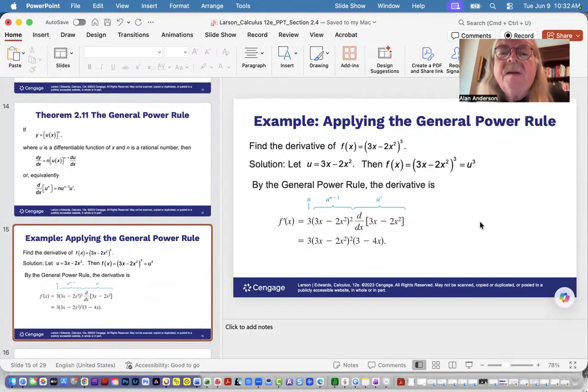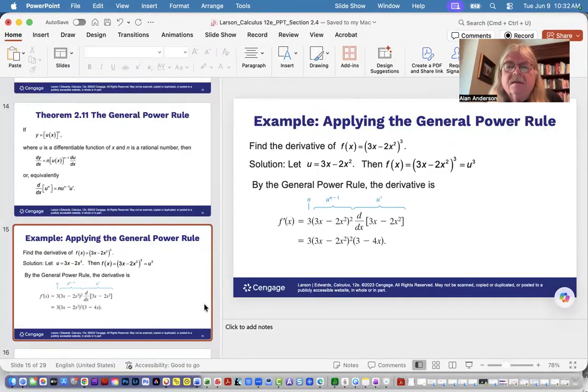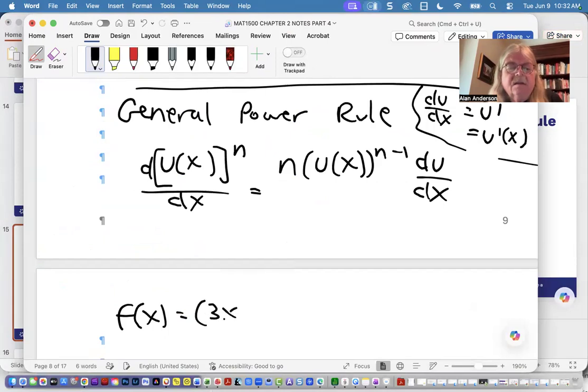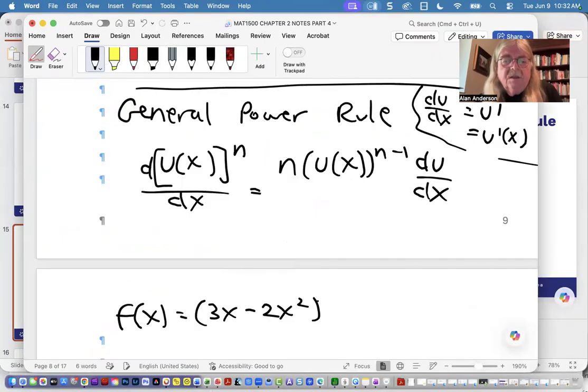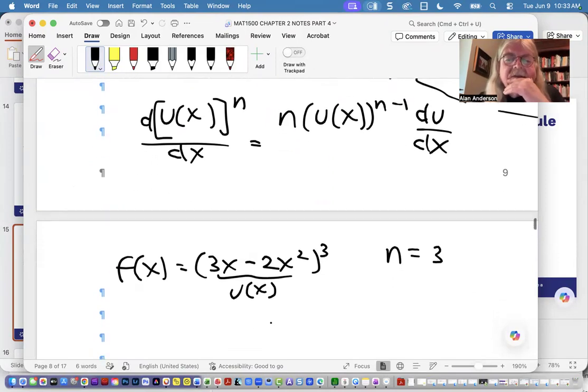This is a good one. f of x is 3x minus 2x squared, cubed. So this is the challenging part. We have to make sure we are sure what is u of x and what is n. So here n is the 3, and this is what we mean by u of x. Okay.